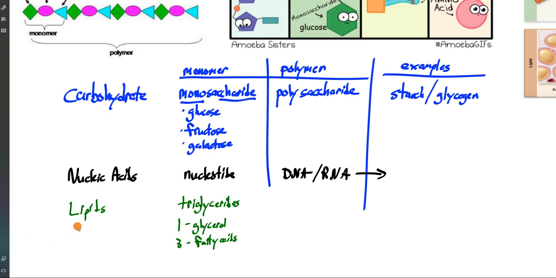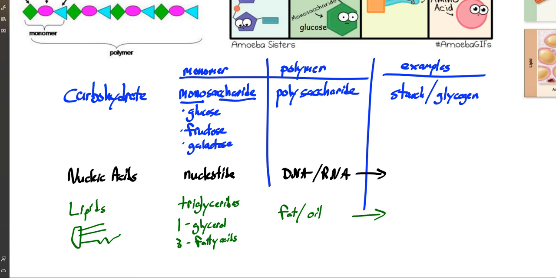It's joined together kind of like this. Here's one big head with 1, 2, 3 tails. Those tails can either be saturated, which means full of hydrogen, or not saturated, which means there's some double bonds in there. If they're not saturated, they get little bends in them. And they don't stack together nice, and they flow, and they become oils. So the polymer here will be some type of fat or oil, which again will be our examples.